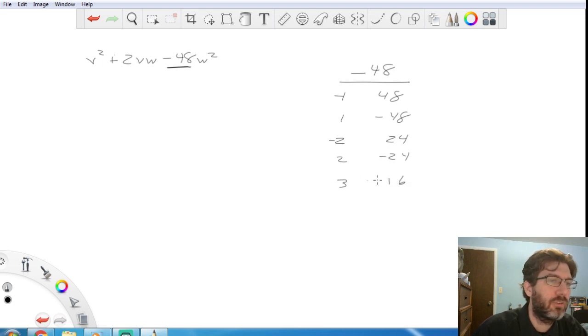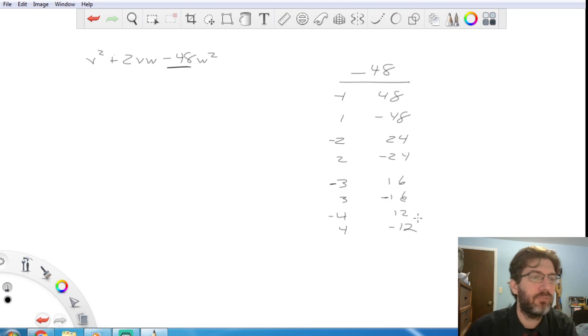You see how our numbers are getting closer together, and we have to get that positive 2. Let's see, 4 and 12. 5's not going to work. 6 should work, which is 8. 6 and 8, which are probably the ones we want because I can get a 2 out of a 6 and an 8.